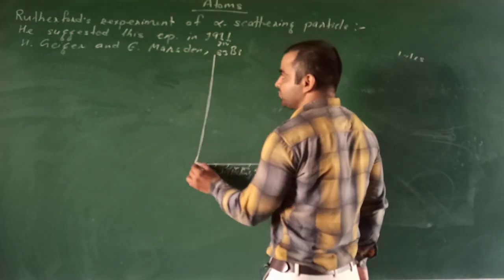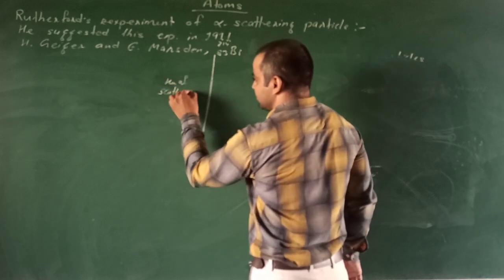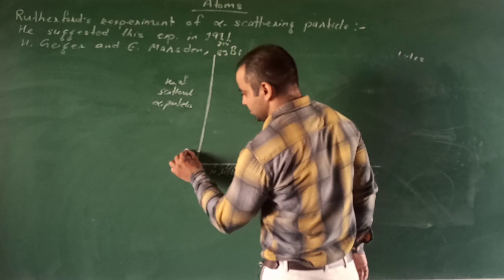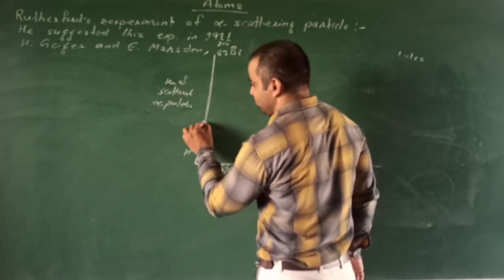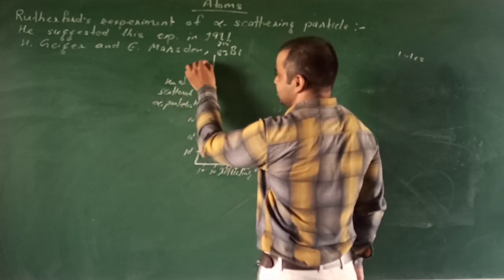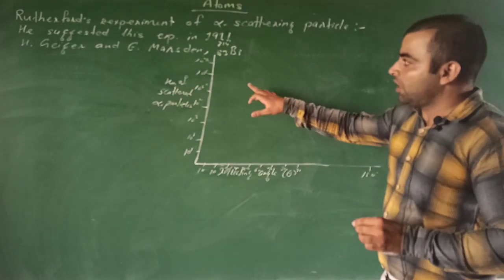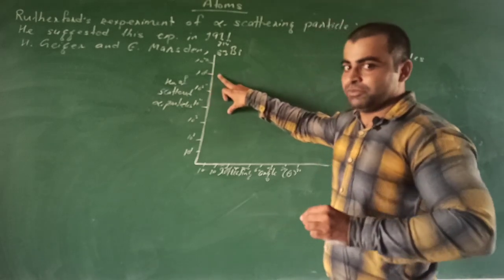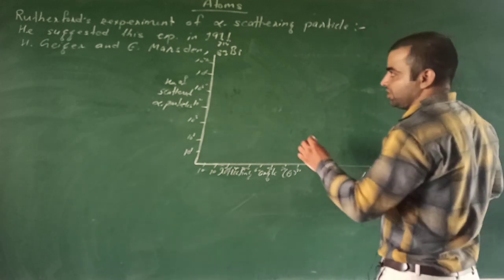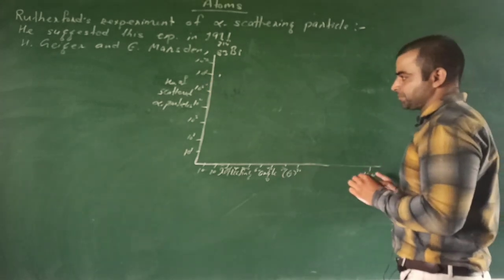And here the number of scattered alpha particles is taken as 10 raised to power 1, 2, 3, 4, 5, 6 and 7. From the observations we found that 10 raised to power 6, meaning 1 in a million, was deflected at an angle of 180 degrees.